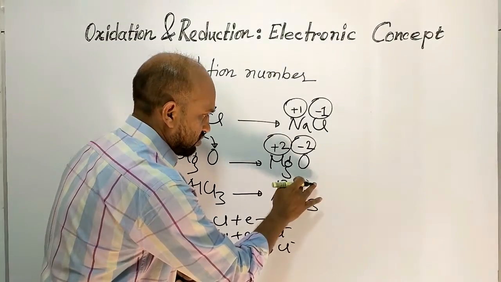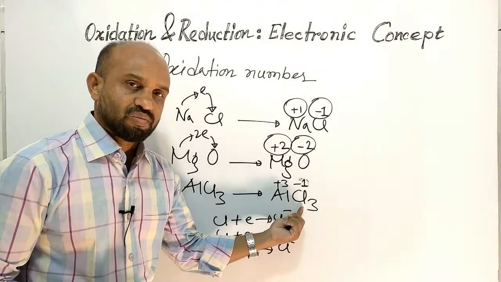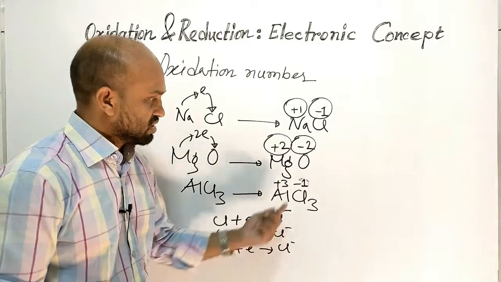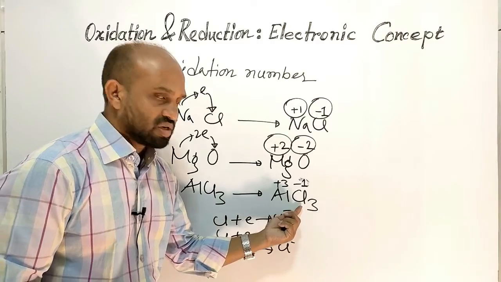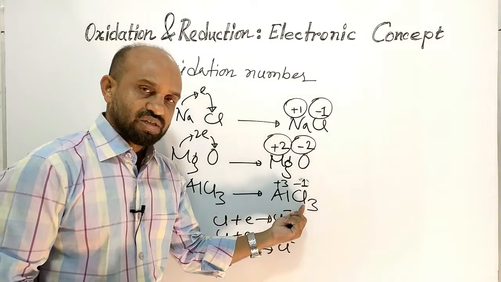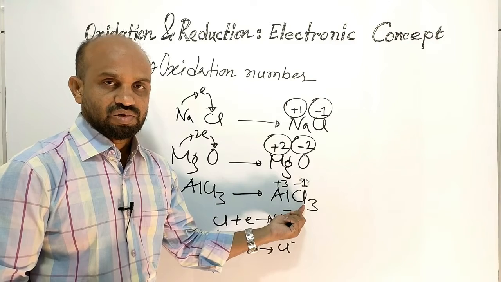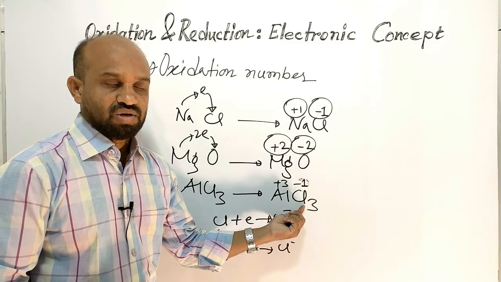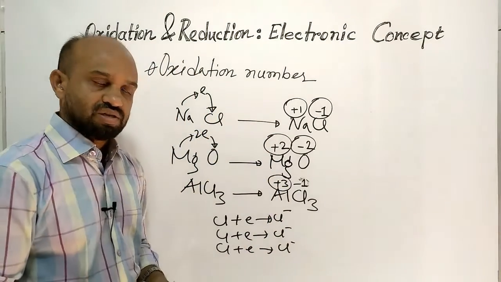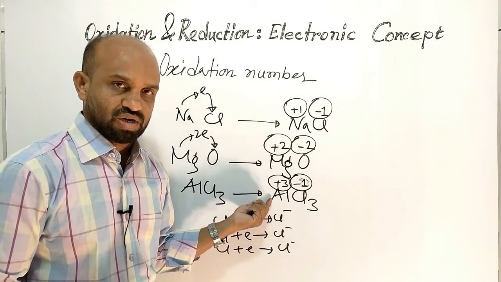It will be -1, because each atom of chlorine accepted 1 electron. That is why here -1. And here the oxidation number of aluminum is +3 and chlorine is -1 in the molecule aluminum chloride.